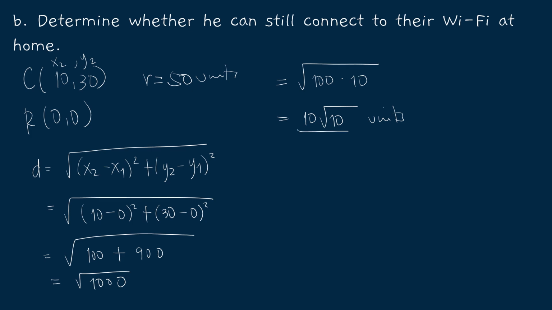If it is in radical format, we cannot identify how far the location of Rowell is from their home or from the Wi-Fi router. So to identify how far Rowell is from their house, we need to convert the radical format into decimal form.